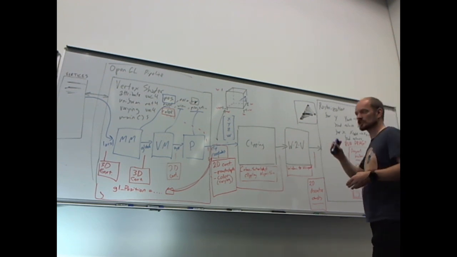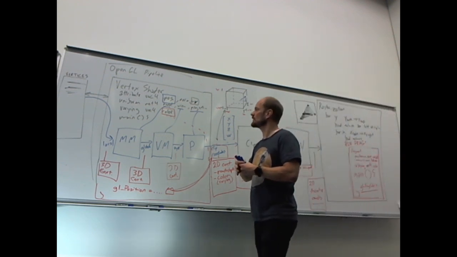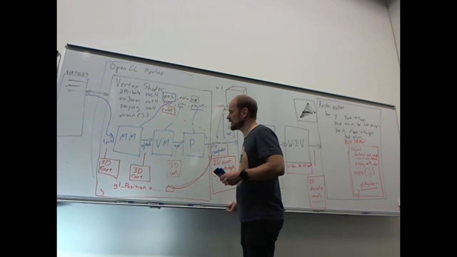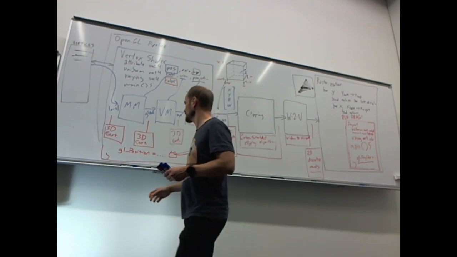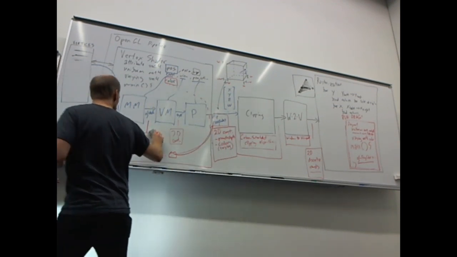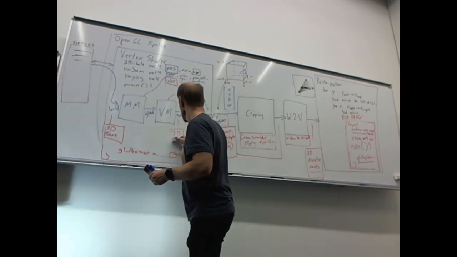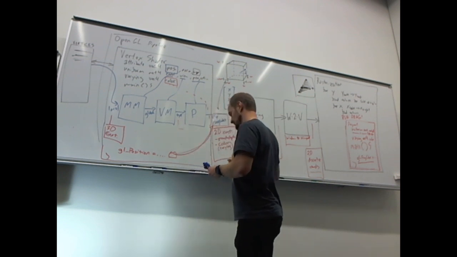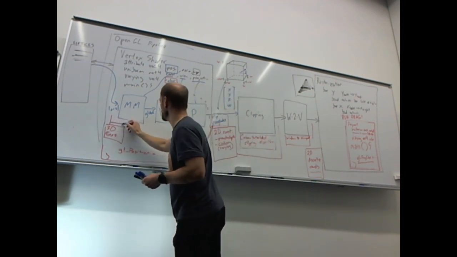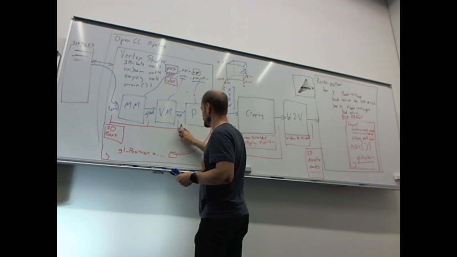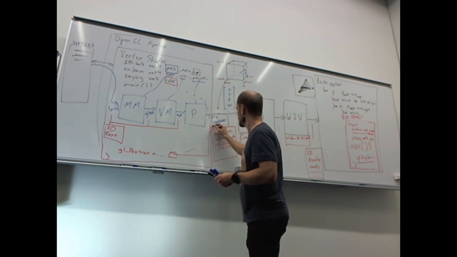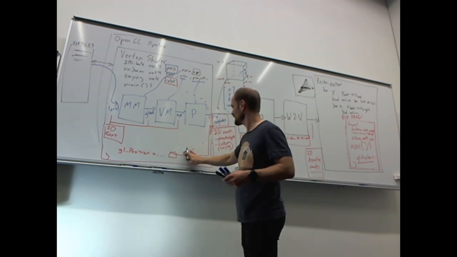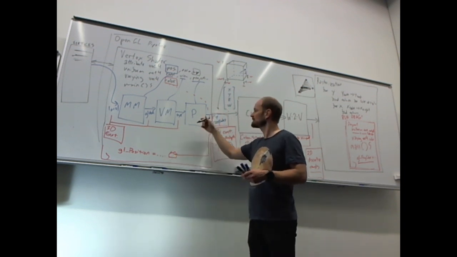Okay, let's start with lighting. I didn't leave enough space here, so I'm going to take this 3D continuous here. Just say all of these are 3-dimensional continuous. So these are my clip coordinates that I put into GL position.